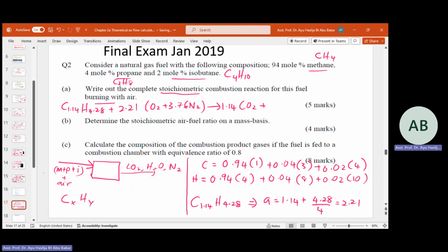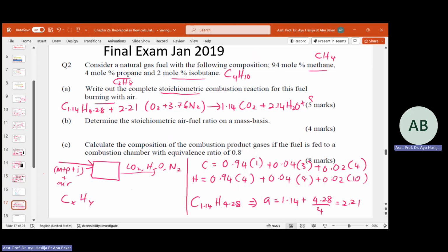Then H2O berapa? Yes, correct, 2.14 H2O. 3.76 multiplied by the A for N2.